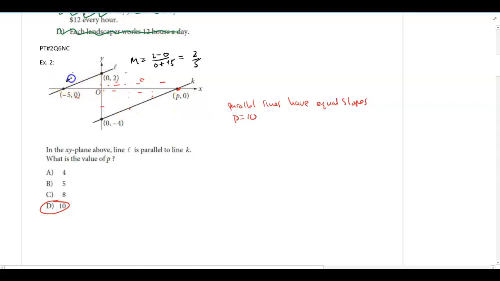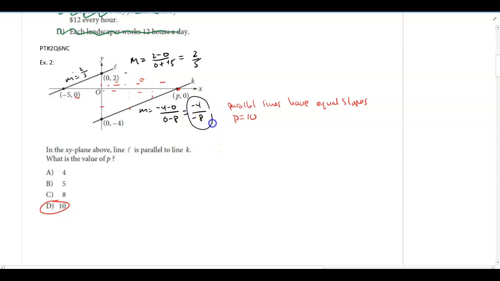So the slope of this line is 2/5, which means the slope of this line would have to be the same. So if I write the formula here, m equals -4 minus 0 over 0 minus p, what that ends up giving me is -4 minus 0 is -4 over 0 minus p is -p.